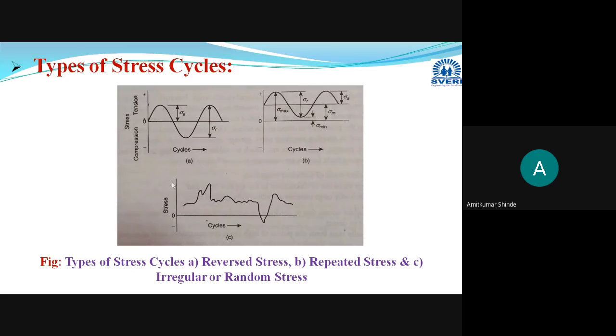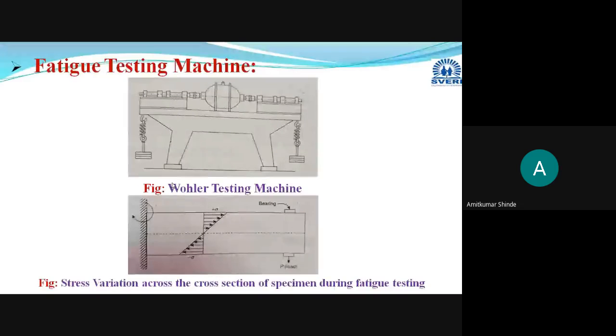Before discussing the actual definition of fatigue limit and fatigue strength, we will move towards the setup we are going to use to conduct the fatigue testing. Here you can see the machine arrangement. Some loading is there.